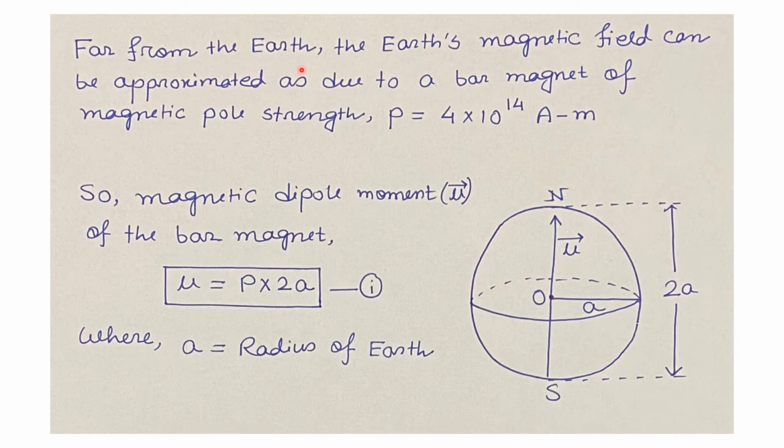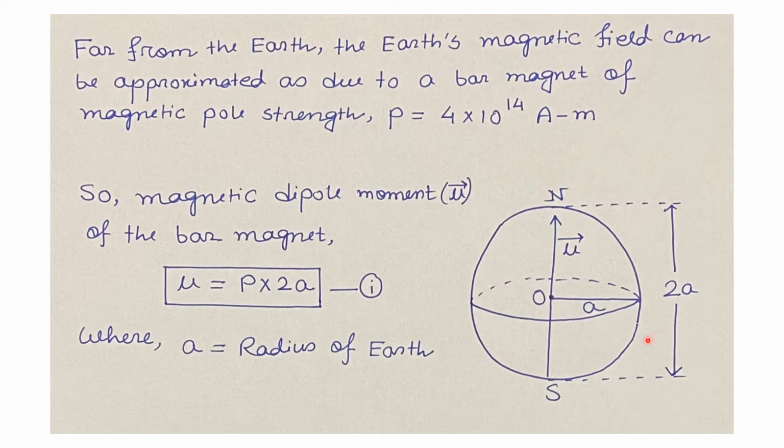The Earth's magnetic field can be approximated as due to a bar magnet of magnetic pole strength P equals 4 × 10^14 ampere meter. Now we can assume that this Earth's magnetic field is generated by a current carrying loop encircling the Earth's magnetic equator.